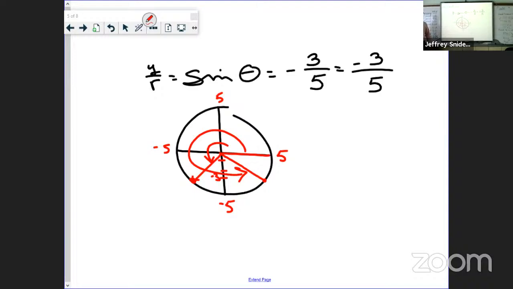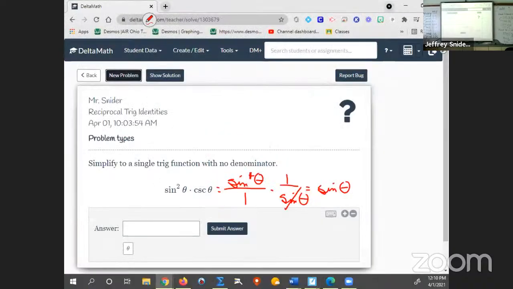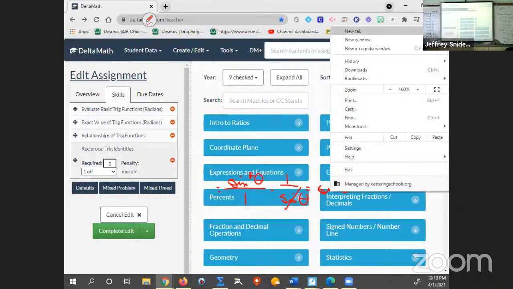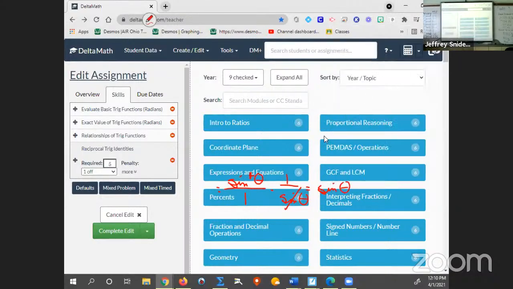Okay, let's talk about Delta Math real fast. We're going to make this pretty quick. I'm going to go ahead and put it up here and we're going to look at this. When I assigned Delta Math, I gave you 4 different pieces to look at.